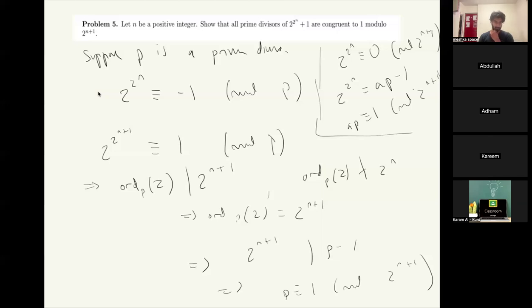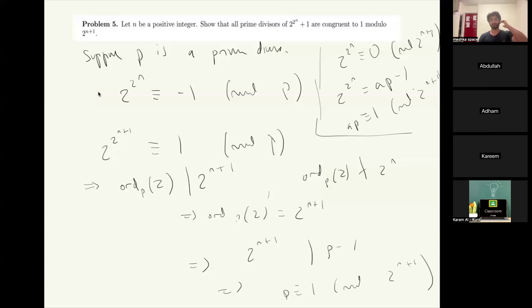If k is less than n plus 1, then that implies that 2 to the 2 to the n is congruent to 1, and that is a contradiction. But the second case, I'm not sure on the second case.